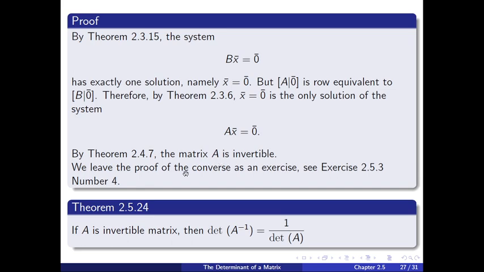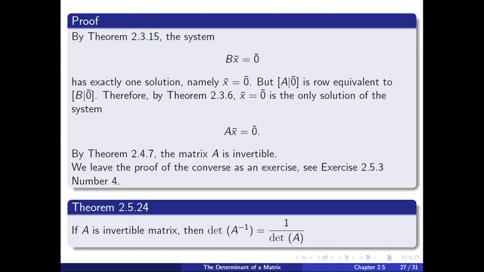And then as we mentioned in the first instance, the converse is left as an exercise, and that's exercise 2.5.3 number 4, right?